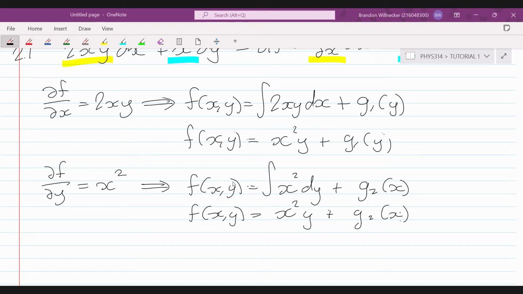is if those two functions are some constant. So we have f of xy is equal to x squared y plus some constant c. Okay, so then this later on we'll see would be something like the internal energy depending on temperature and enthalpy, for example.